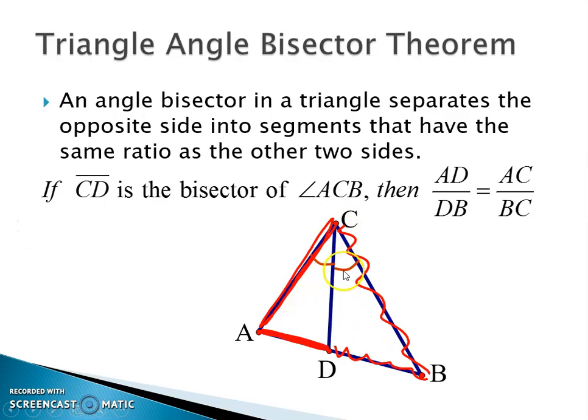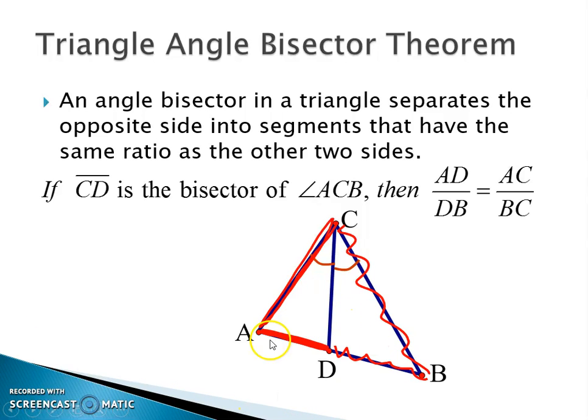If CD is a bisector of angle ACB, then AD to DB is going to be equal to AC over BC right here. So AD over DB, this is the corresponding bottom, is going to be the same proportion as the sides AC and BC here.